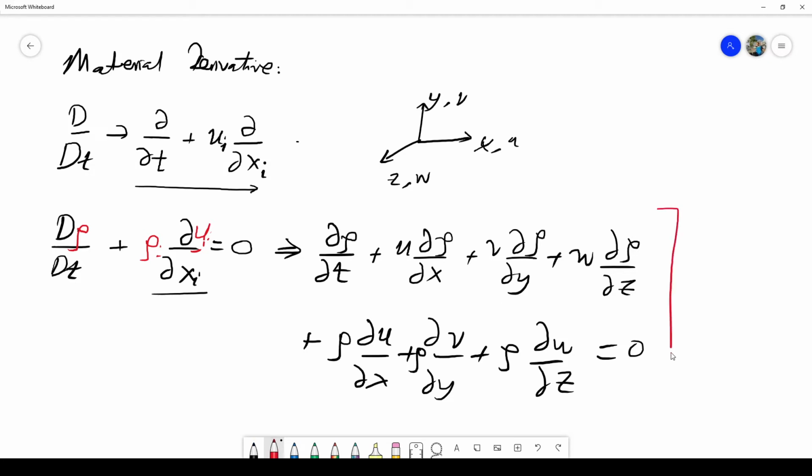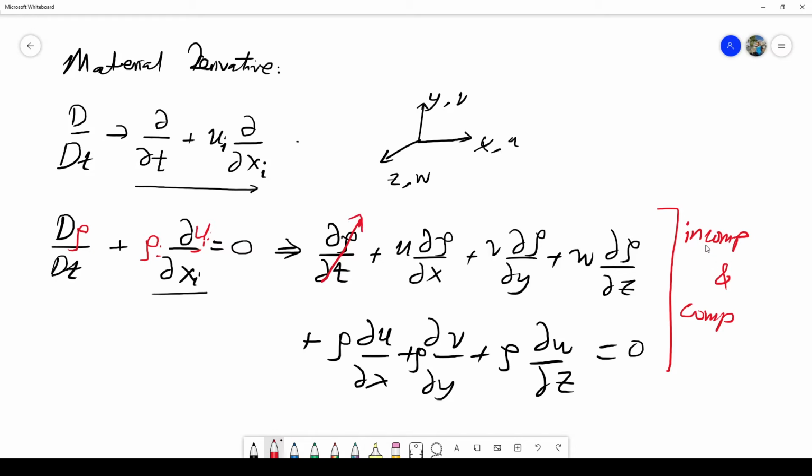So this set of equations can be applied both to incompressible and to compressible types of flows.